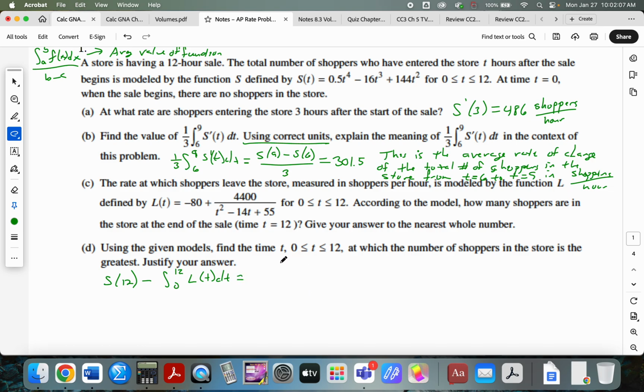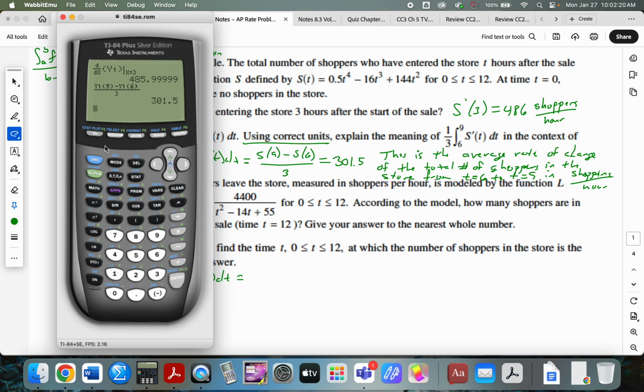Now, I sneak a peek down at this next part, and I think I'm going to have to use L of t again, so I'm going to put it in y2. Again, I'd like to not have to type it more than once. So L of t is 4,400.